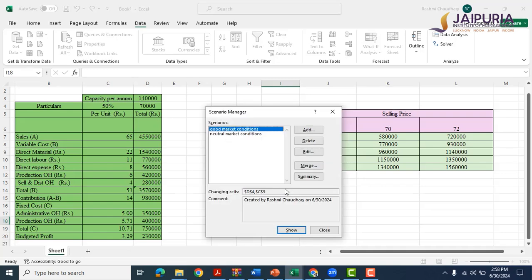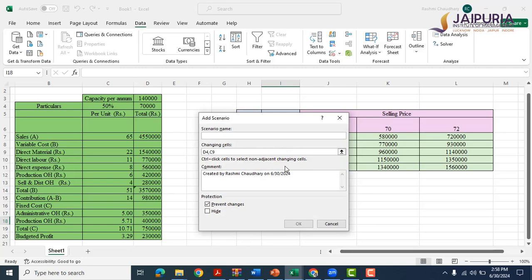Further, these are two scenarios: good market conditions and neutral market conditions. Let's try to add one more scenario, that will be bad market conditions. Under bad market conditions, we are trying to change both the sales and the material price.